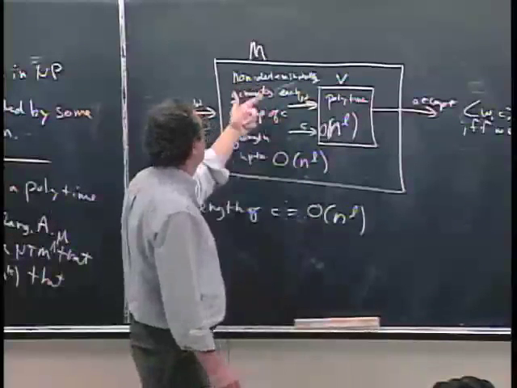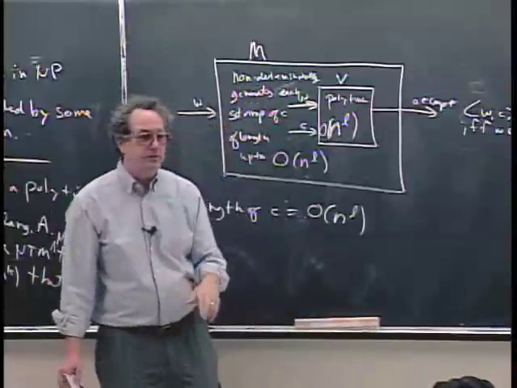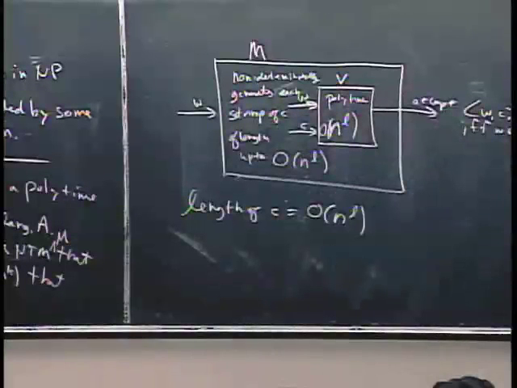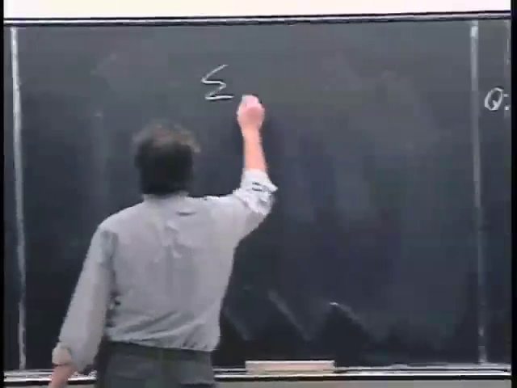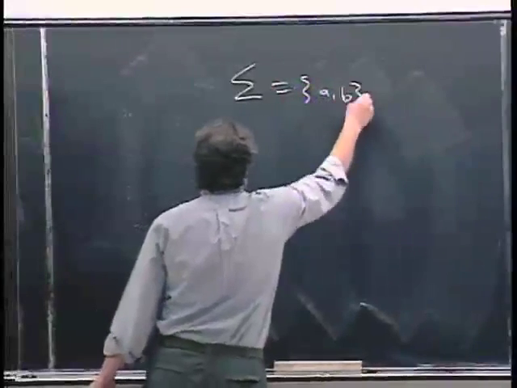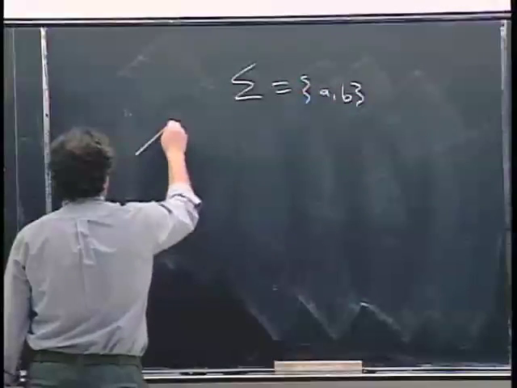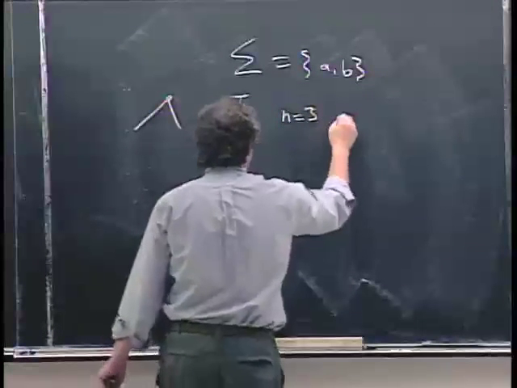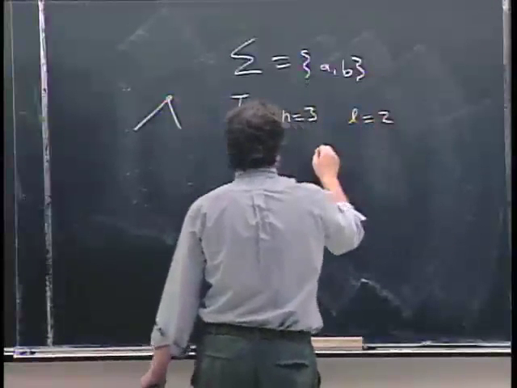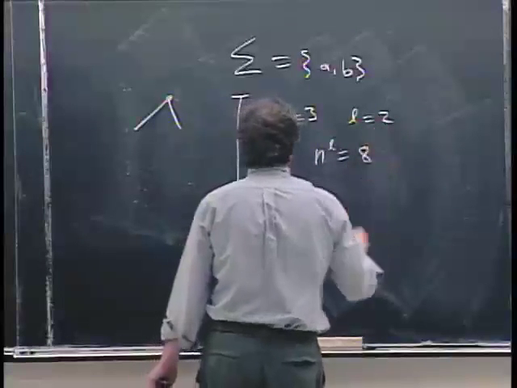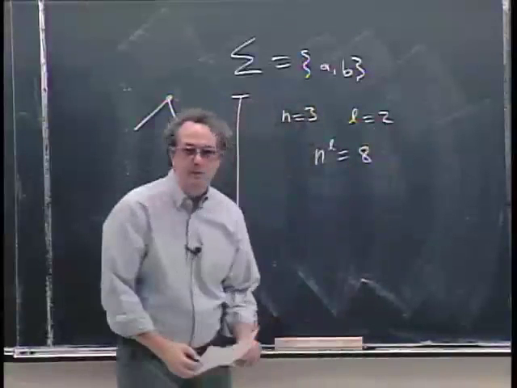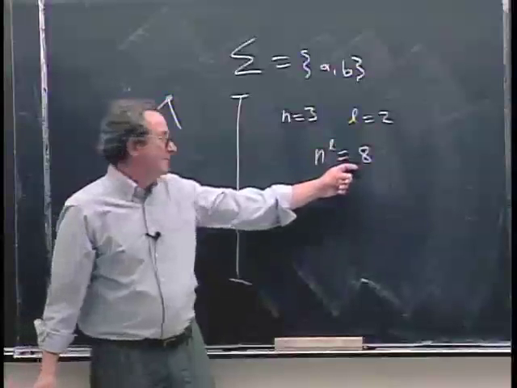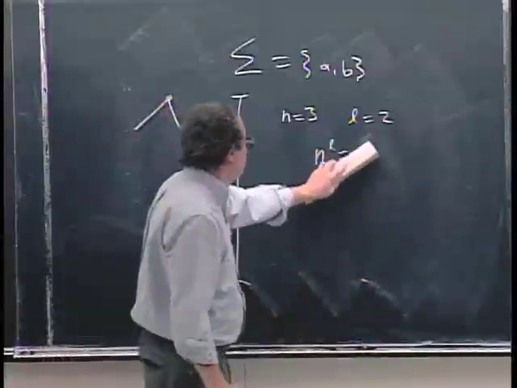Now, what does it mean to non-deterministically generate these strings? Well, deterministically generating them just means some kind of branching structure. Whatever the alphabet is, let's just say it's A, B. Let's say N is equal to 3 and L is equal to 2, so N to the L is equal to 9. 2 to the third is 8, but 3 squared is 9.